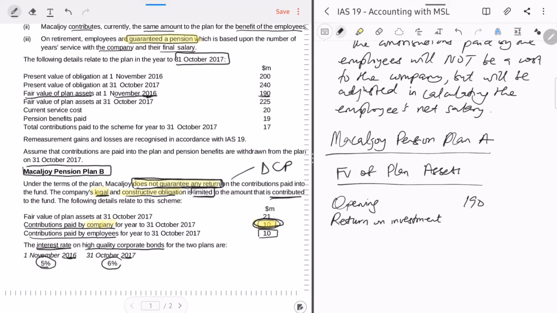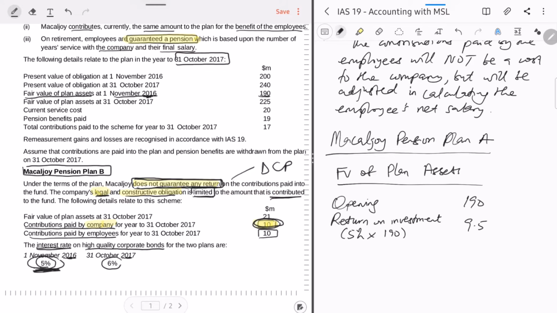Remember I told you that you need to use the opening figure. So the interest rate you pick must be the opening. So here we need to pick what? Our 5% here. So the interest, this will be 5% of what? 190. Okay, what would this give us? 5% of 190, calculator. Okay, this gives me 9.5, right?